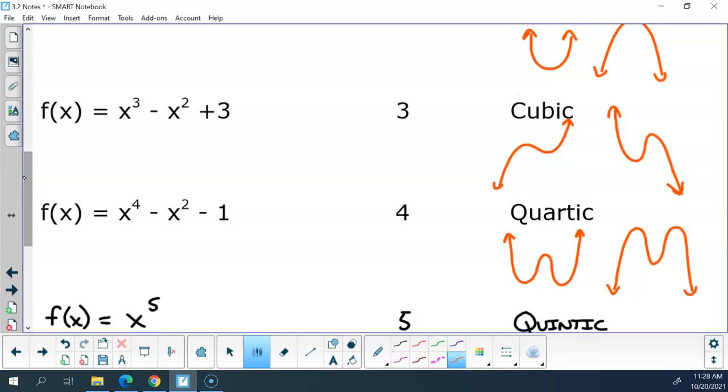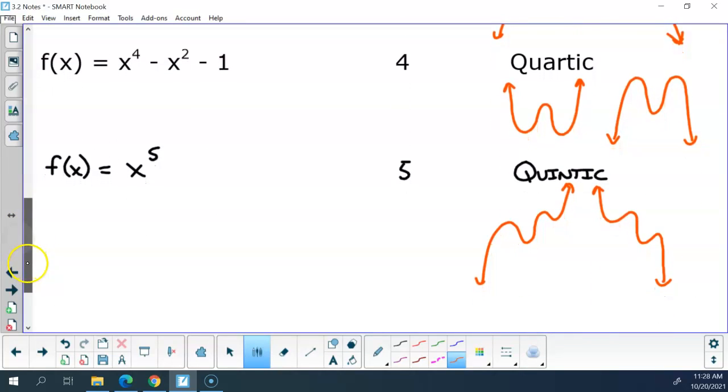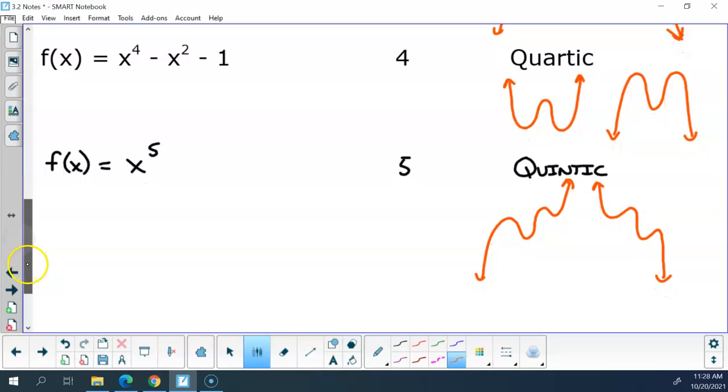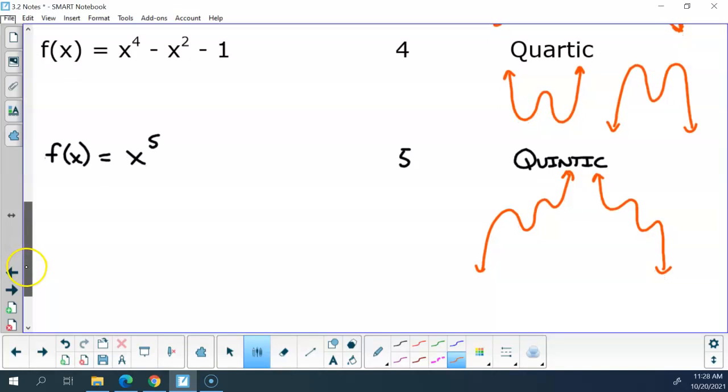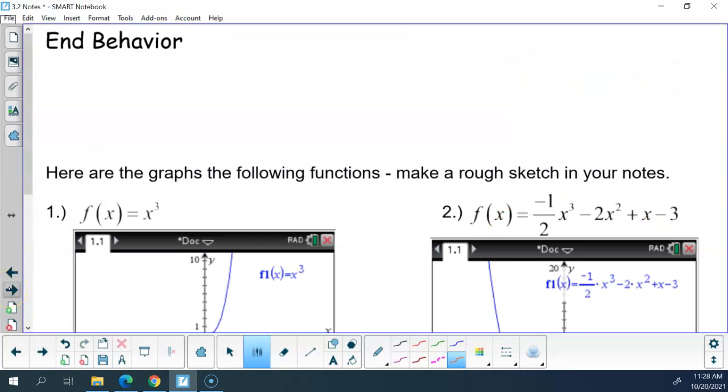One less hump than the degree, one less direction change. Okay. Quintic, two humps, going in opposite directions. Okay. All right. So one less, or what did you say, Luca? One less direction change than the degree? We'll come back to it.